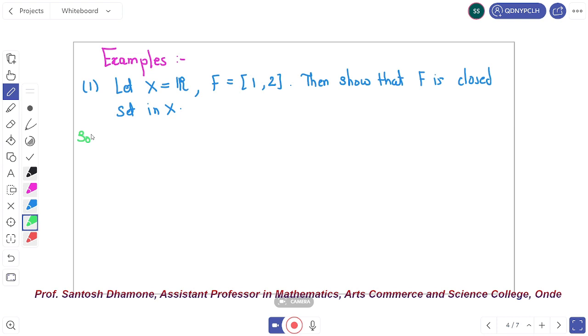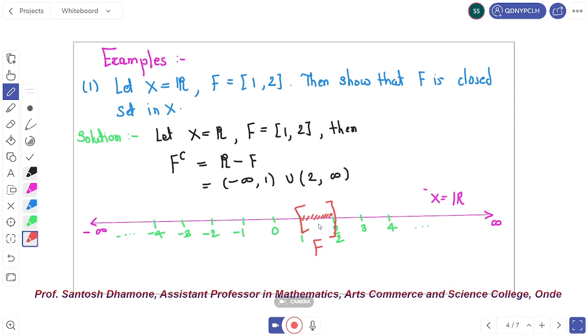That is, by definition, we have to show that the complement of F is open in X. This is our definition.